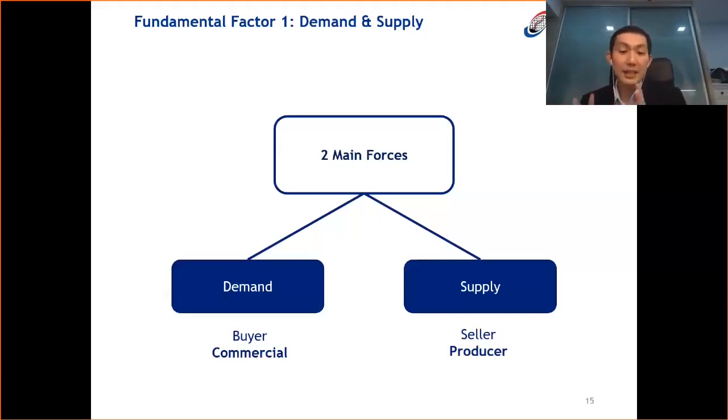So they deliver physical oil to those commercial buyers when a futures contract expires. Producers want to sell their CPO as high as possible. Of course, it depends on the market price, right? So as long as the price is above their production cost, so as long as there is a good profit margin, they will eventually sell in the market.